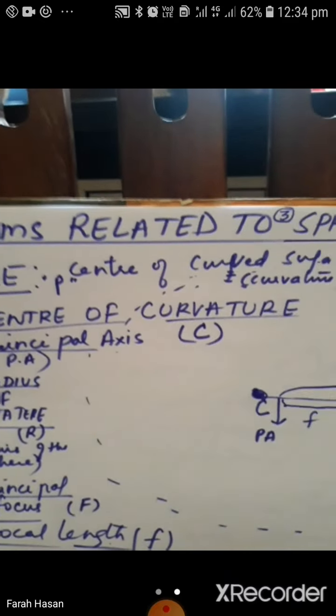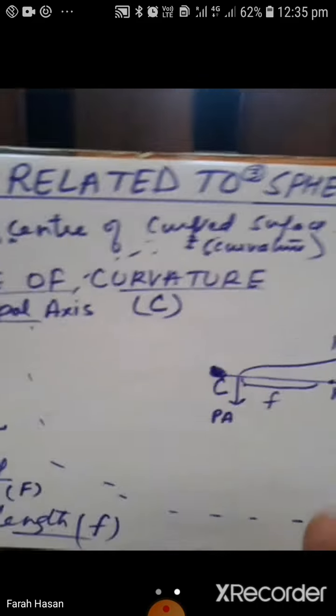The next is the center of curvature, which is represented by C. Now center of curvature is the center of the sphere of which this mirror is a part. Suppose this is the whole sphere. Consider this. This is the whole sphere.